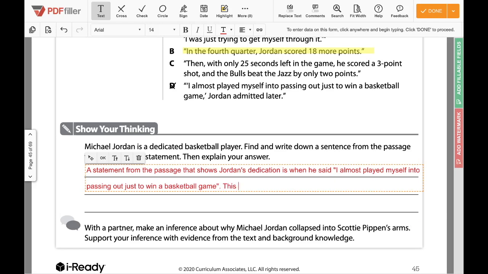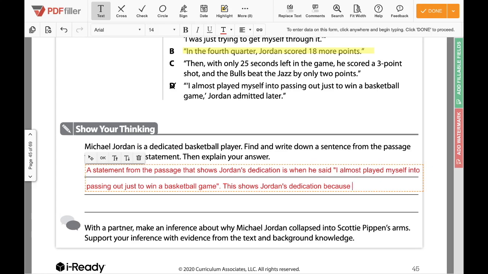Now we need to explain. So this shows Jordan's dedication because, and then let's think about how that proves his dedication. So, is it healthy to be like passing out? No, I don't think so. So maybe Jordan is showing his dedication because he's putting his own comfort aside to win the game for the team, right?